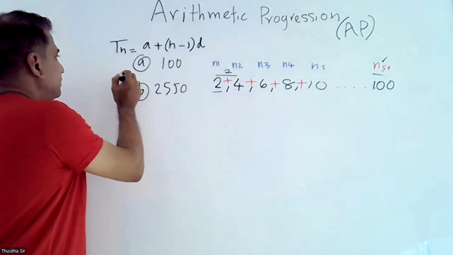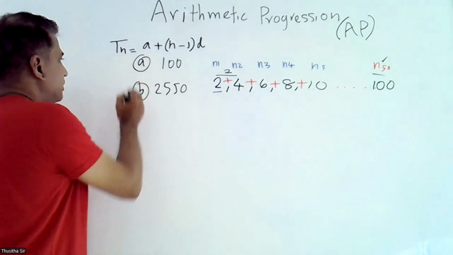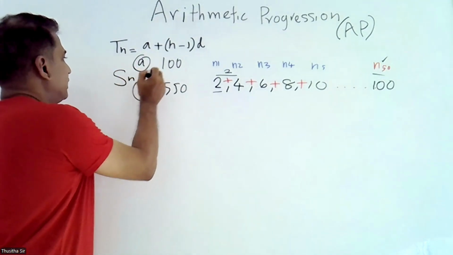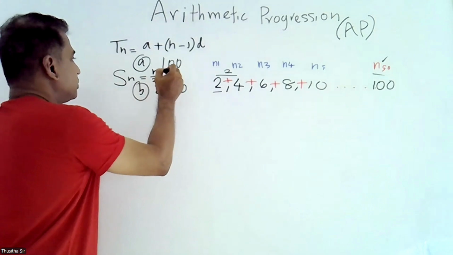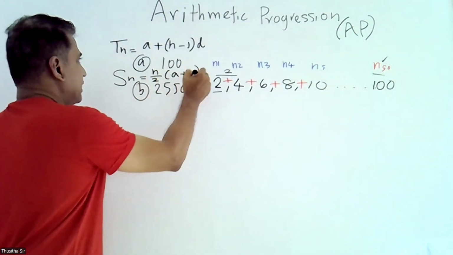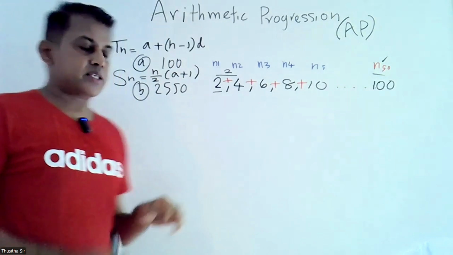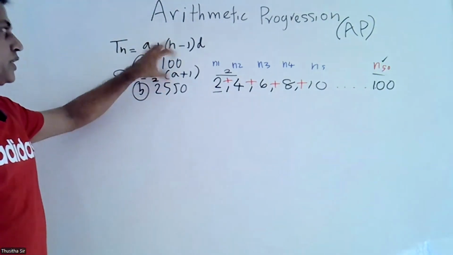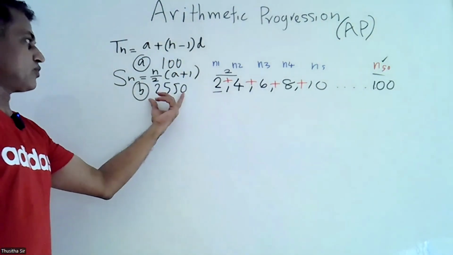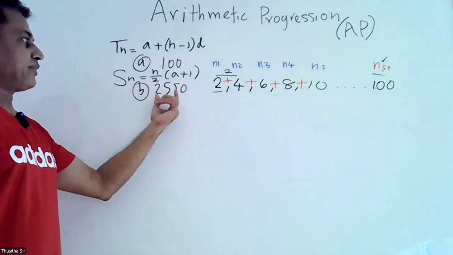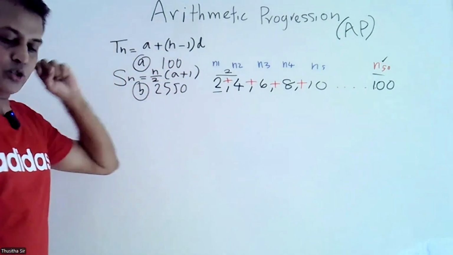And the second formula is the sum equals n divided by 2, A plus L. The combination of these two gives this value, so I don't want to find this first and then the second. So I combine these two formulas.